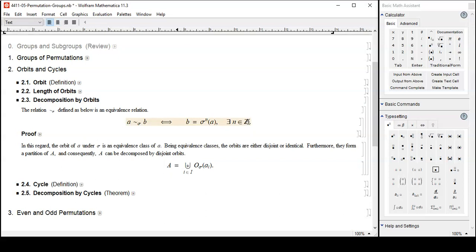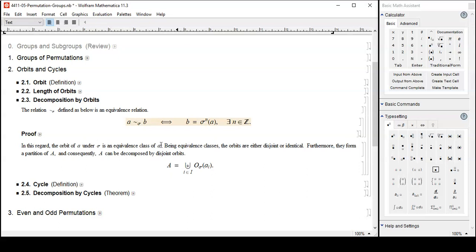Suppose that we prove that this is actually an equivalence relation. If you do that, then we can consider equivalence classes, and those are given by the sigma to the nth power orbit. So basically we are going to get the orbit. The equivalence classes are orbits.